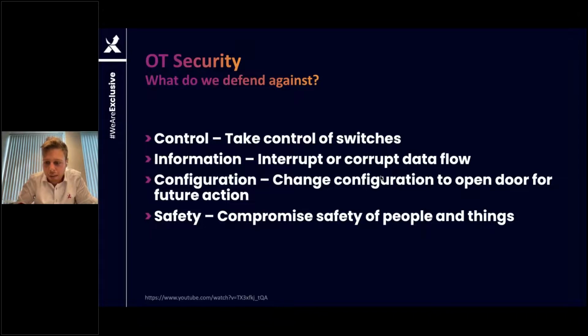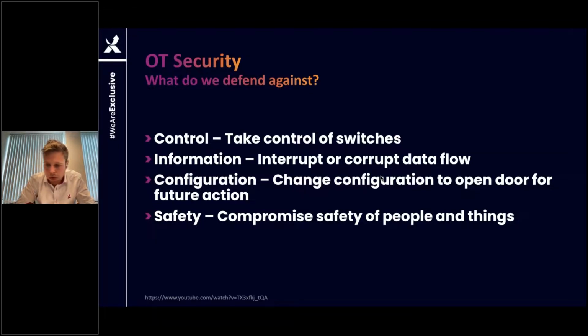Now, what can happen? And we've already seen it a bit while discussing the risks of an OT breach. So human damage, environmental damage, equipment damage. How can this be done? By taking control of your switches. And with switches, we mean the switches which switch, for example, a valve on the factory floor. We can also do that by interrupting or corrupting the data flow.